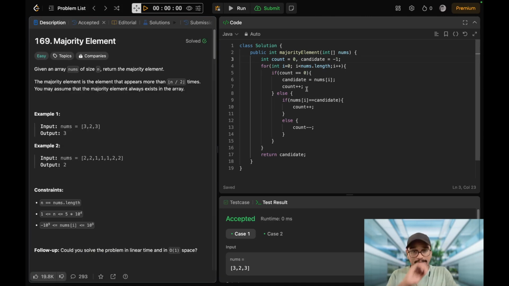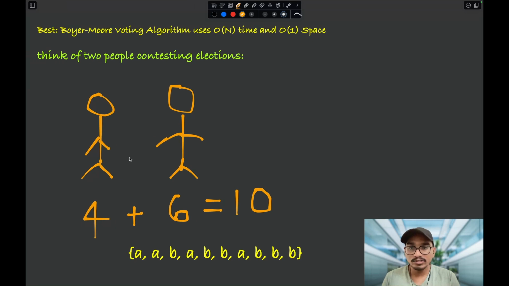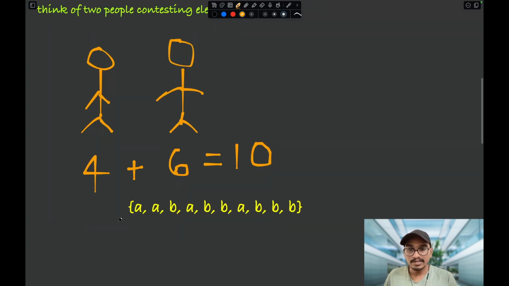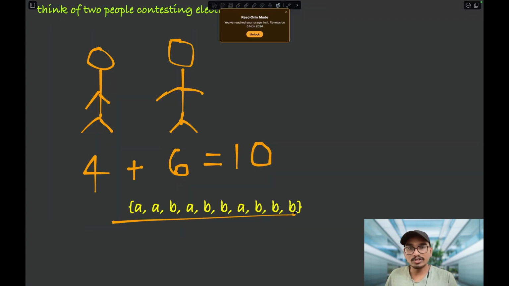Once again, I would try to explain you fast. If you didn't understand it, just catch up right now. Basically, these were two people contesting elections. One had 4 votes, one had 6 votes, and the total was 10 votes. To declare majority, we need more than n/2 votes, so we would have to count.